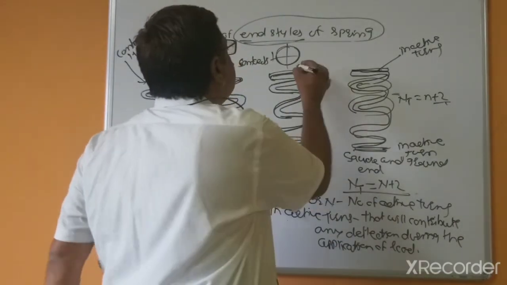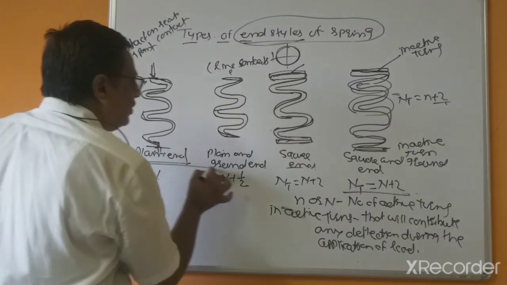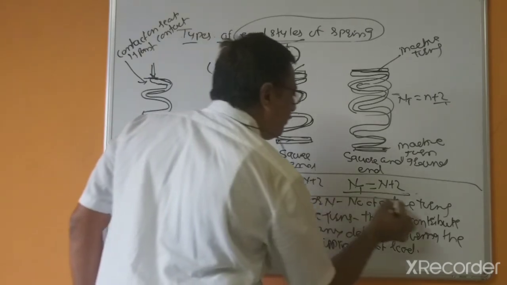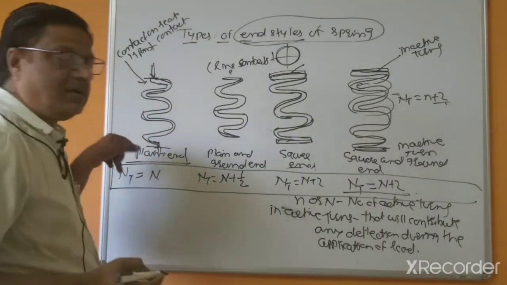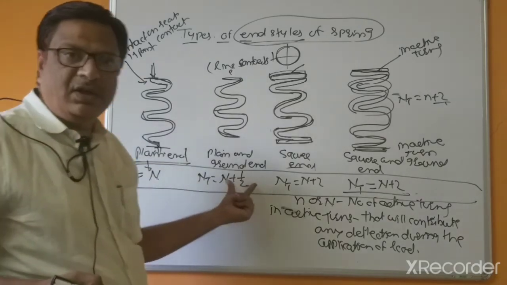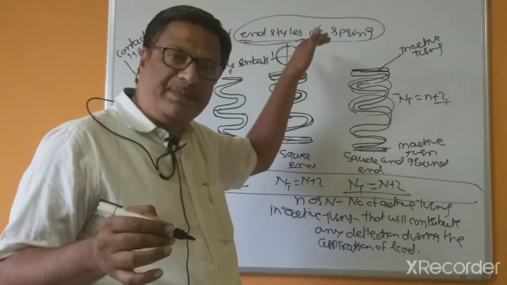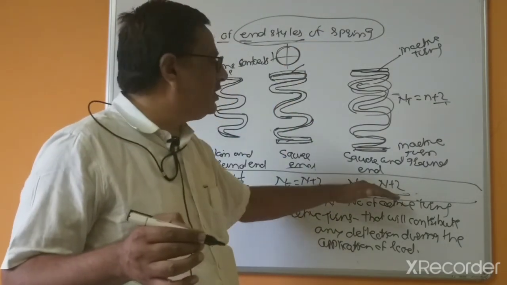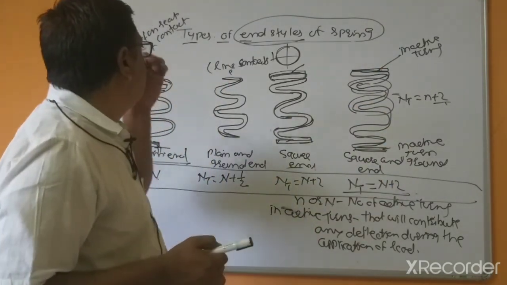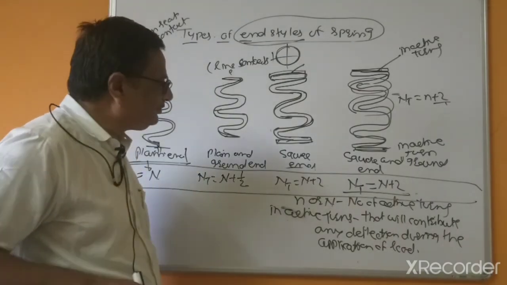Here also one at the top and one at the bottom. So these are the different end styles of helical compression springs.